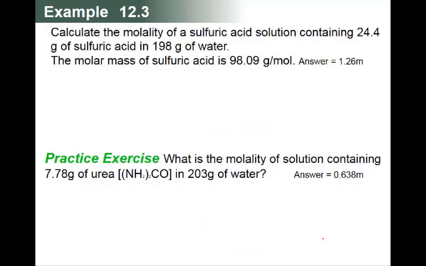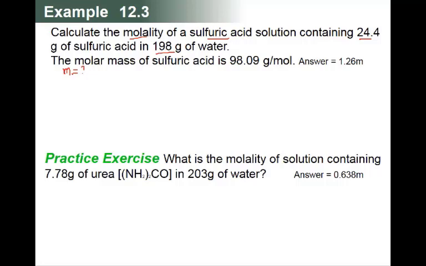So the next problem: calculate the molality of sulfuric acid H2SO4 containing 24.4 gram sulfuric acid in 198 gram of water. Our question is the molality, small m.